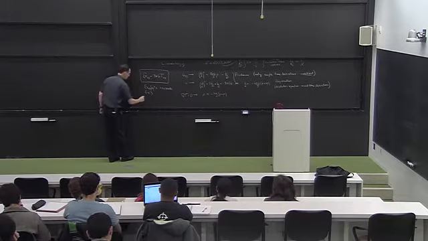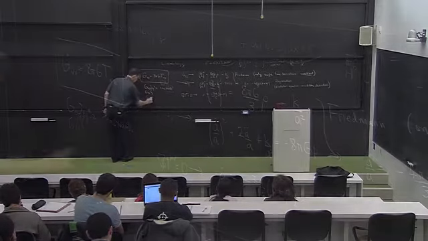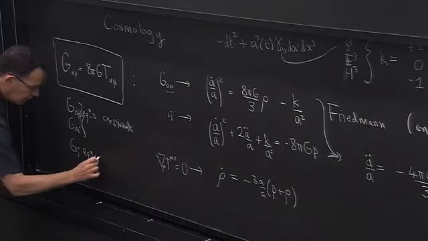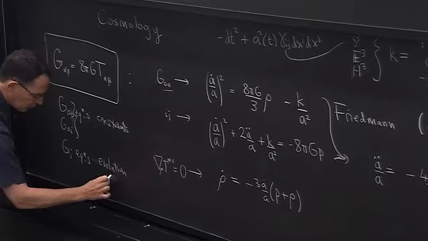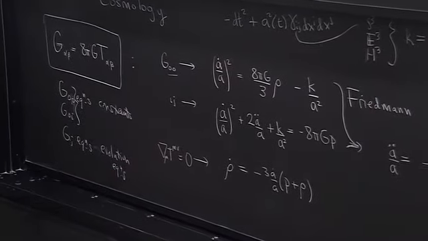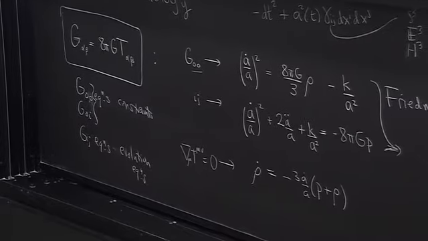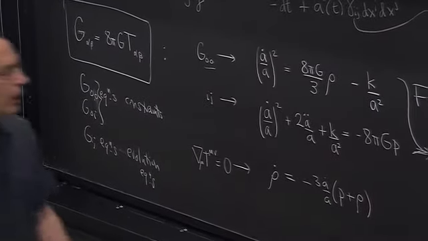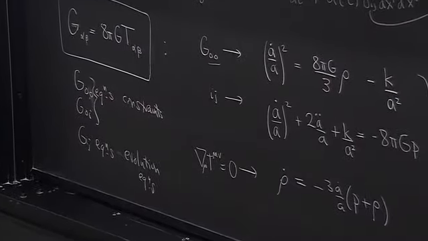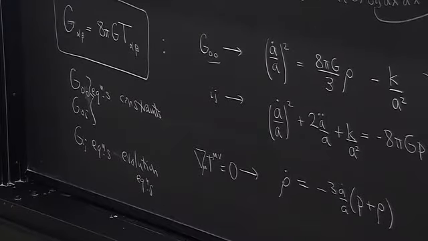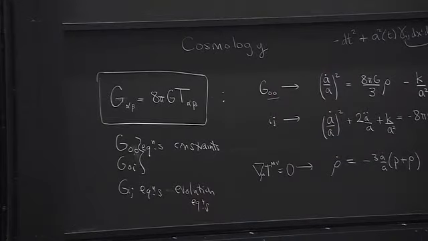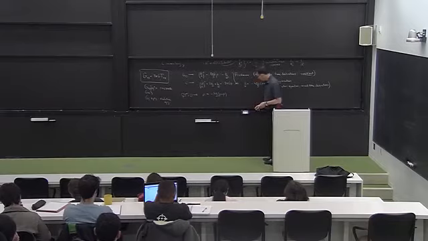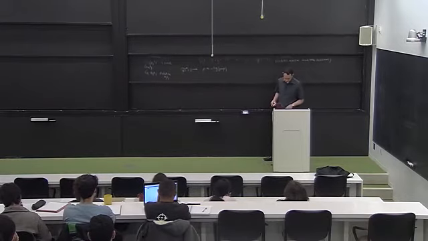These are constraints, and the Gij equations are evolution equations. So they tell you how the velocities change. Okay, so let's discuss the general solution to these equations with certain simple types of matter.